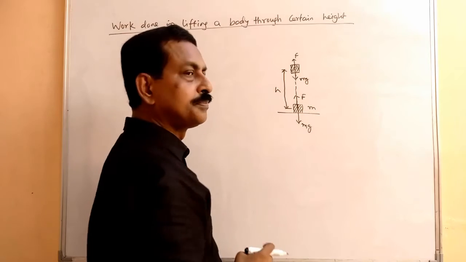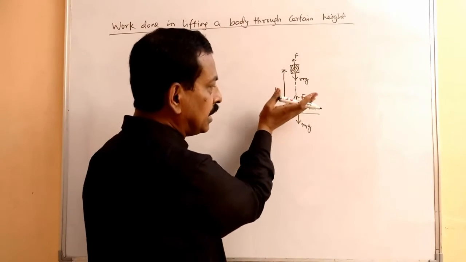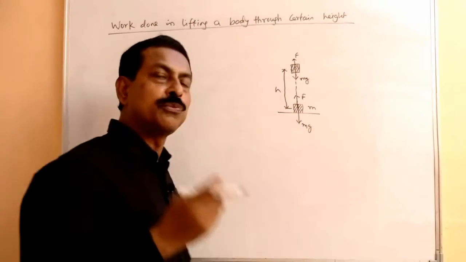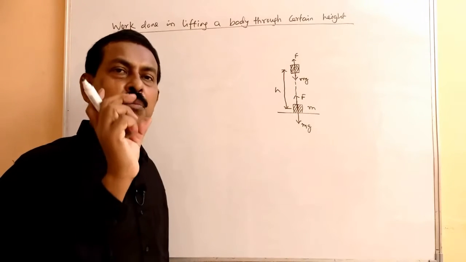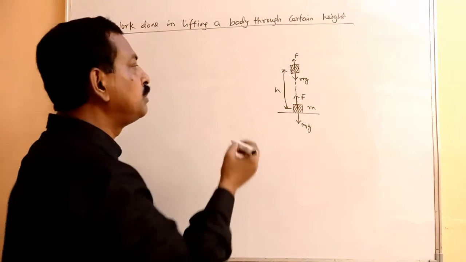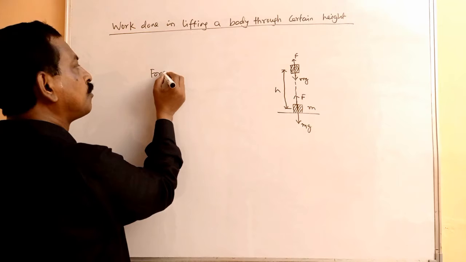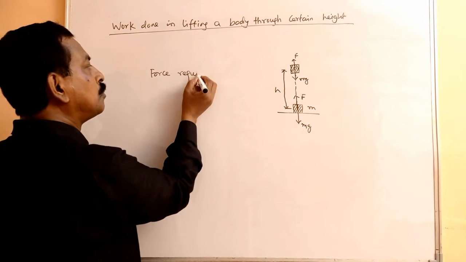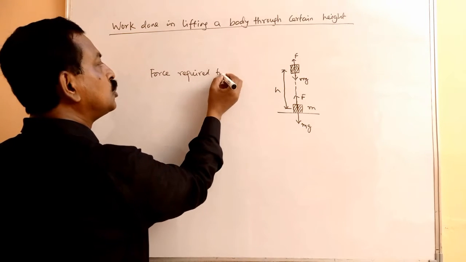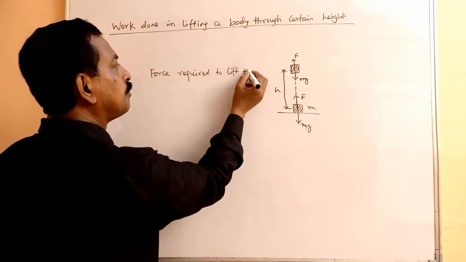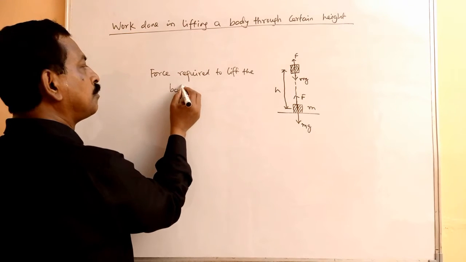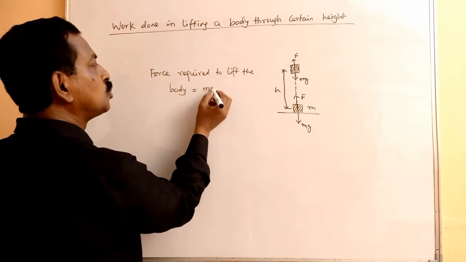This is h. So its weight is mg acting downward. So the force required to lift the body will be equal to mg.